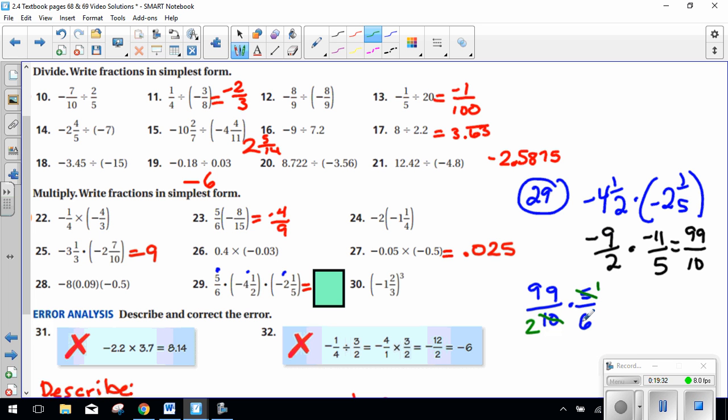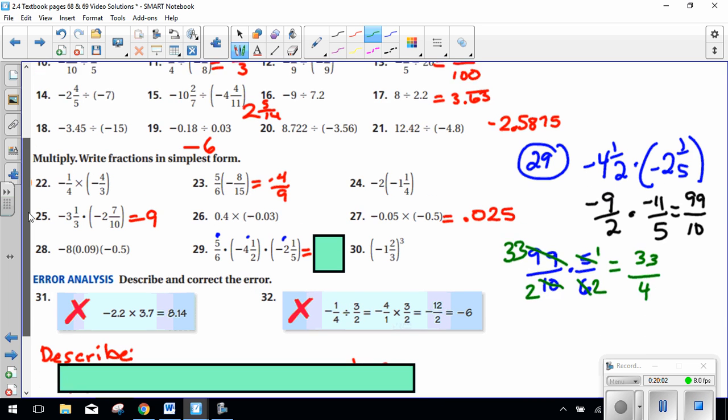I can take a look at these 2 and divide them by 3. 6 divided 3 is 2, and 99 divided 3 is 33. So this becomes 33. So now I multiply straight across. 33 times 1 is 33, and 2 times 2 is 4. Be very careful. Some students see the 2's and just write 2 over here.